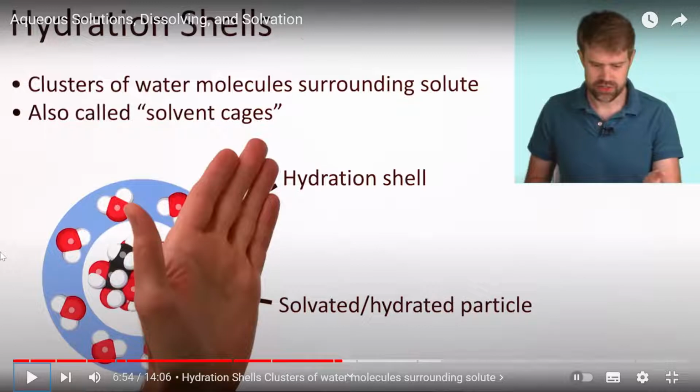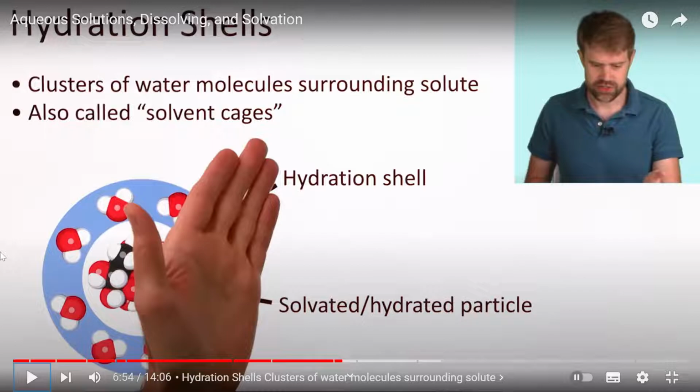I am not going to test you on those words. Okay? Hydration shell, solvent cage. But if you're taking things like biology or you're carrying on in chemistry, these will be important concepts.